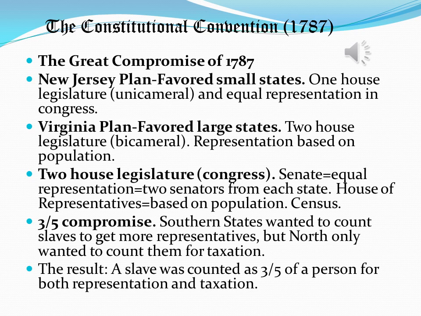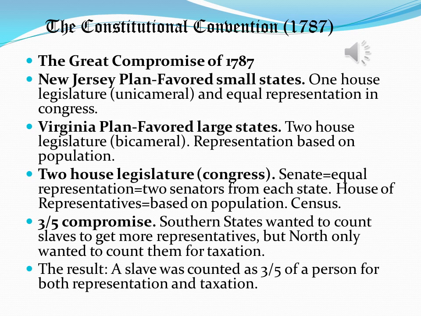So that satisfied the small states, but you also have the large states. In order to give them what they want, they created something known as the House of Representatives, where the representation would be based on the population.